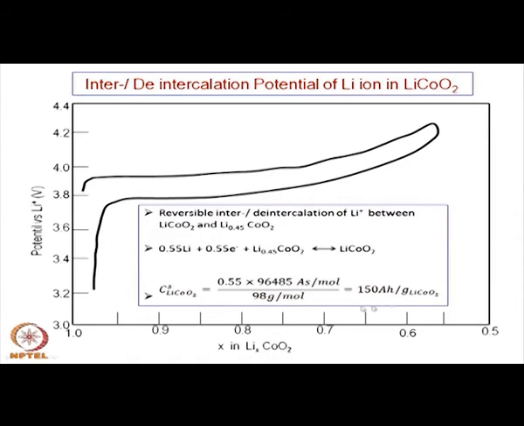So, the x value is about 0.5, and one can calculate from these potentials the reversible intercalation and de-intercalation of lithium ion between LiCoO2 and, let us say, Li0.5CoO2. If you start with 0.5 and then go to 0.55.